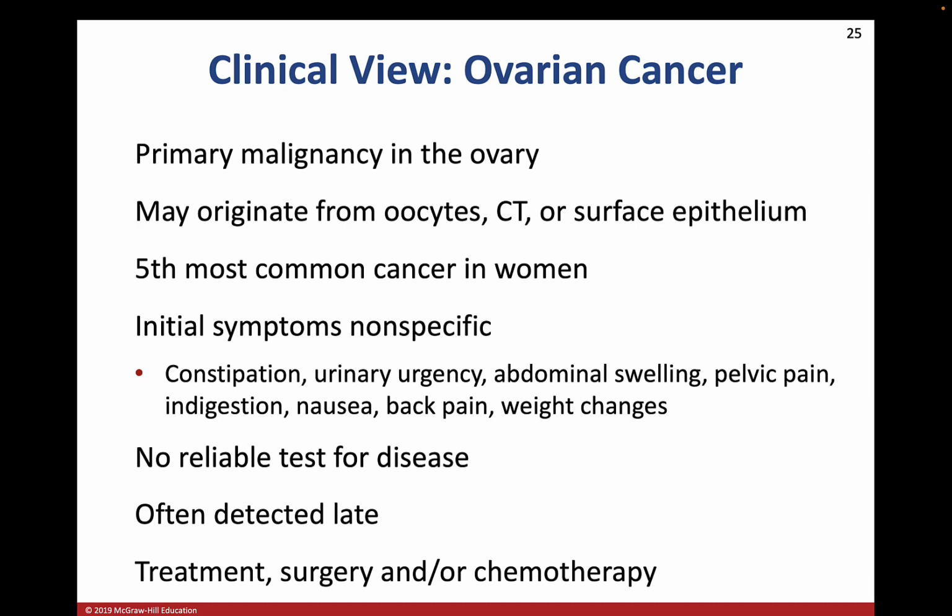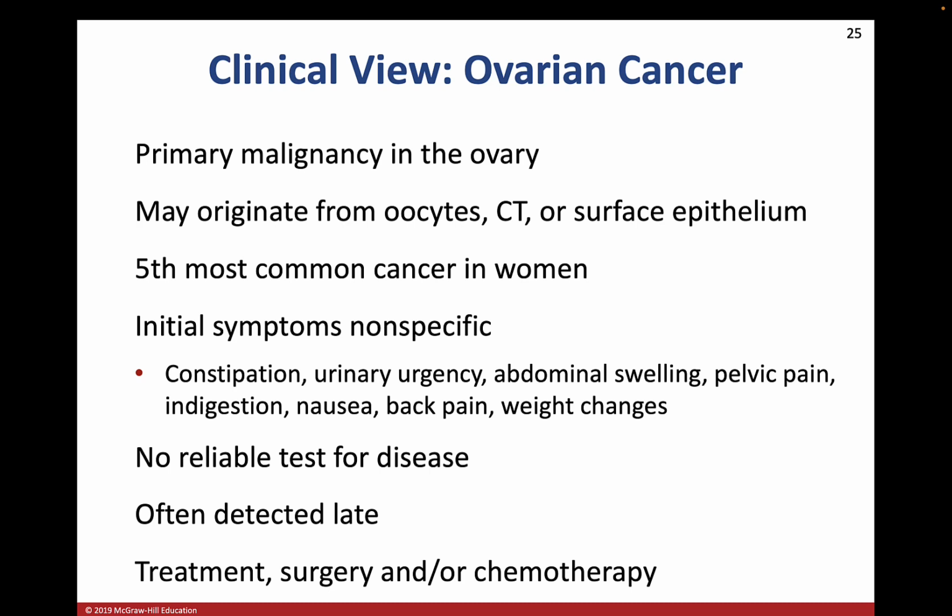Now, this may originate from oocytes, the connective tissue, or surface epithelium. It is the fifth most common cancer in women, and the real issue here is that the initial symptoms are very nonspecific. They consist of, but are not limited to, constipation, urinary urgency, abdominal swelling, pelvic pain, indigestion, nausea, back pain, and weight changes.